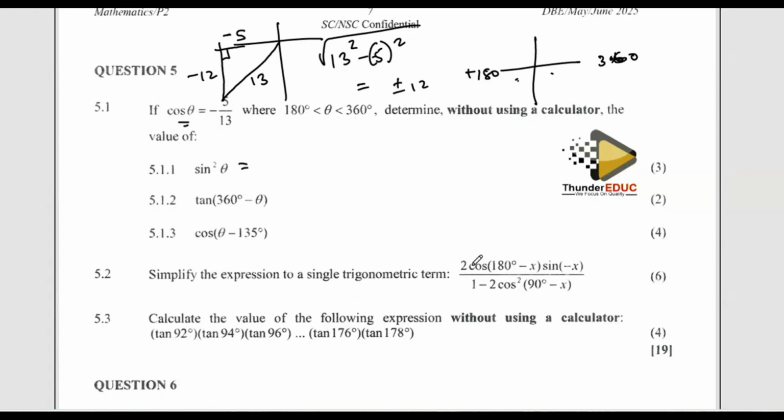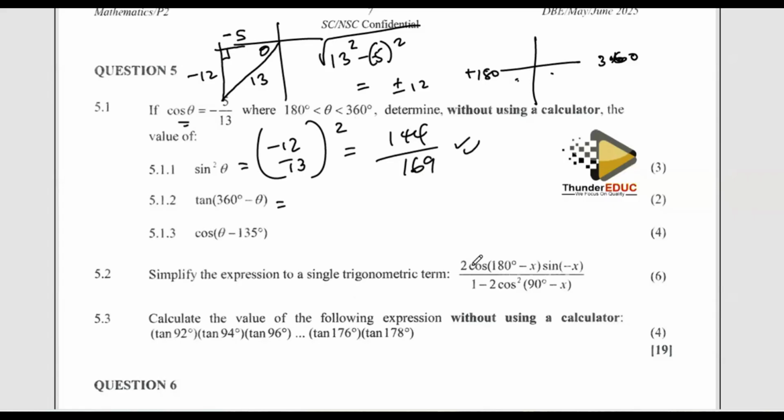So the triangle is complete. We go to the sine. So sine is opposite over hypotenuse. So negative 12 over 13, we square that, which is 144 divided by 169. Opposite over hypotenuse. So 144 over 169. Okay, so that is that.